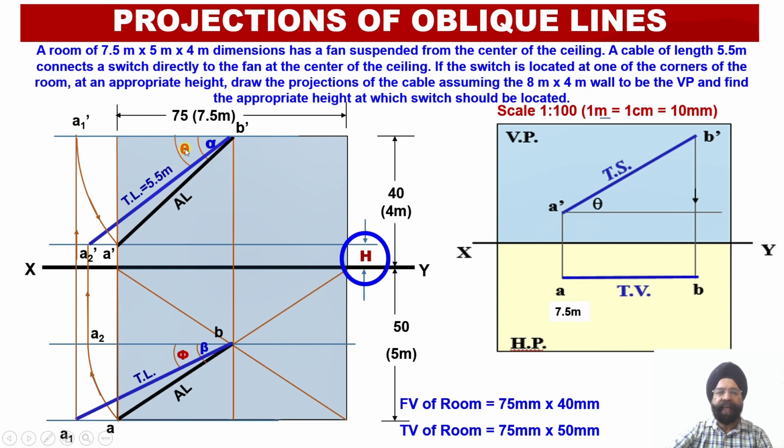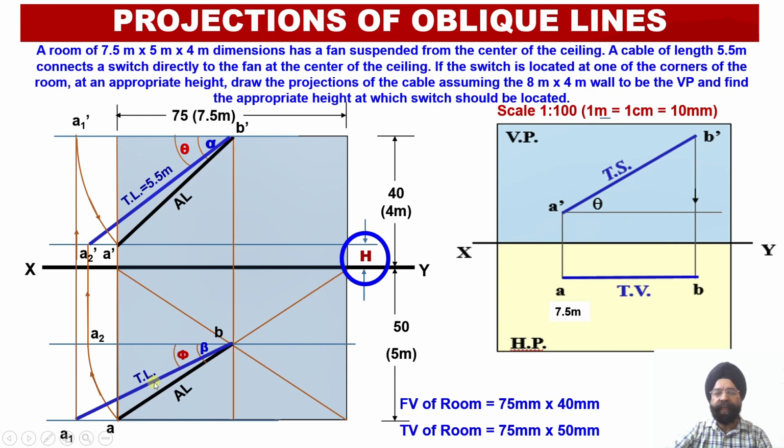Similarly, theta is the angle of inclination of the true length of this line with respect to the horizontal plane in the front view. Angle beta is the angle of inclination of this apparent length in plan with respect to the vertical plane, and the angle phi is the angle of inclination of this true length which has been drawn in the plan with respect to the vertical plane.